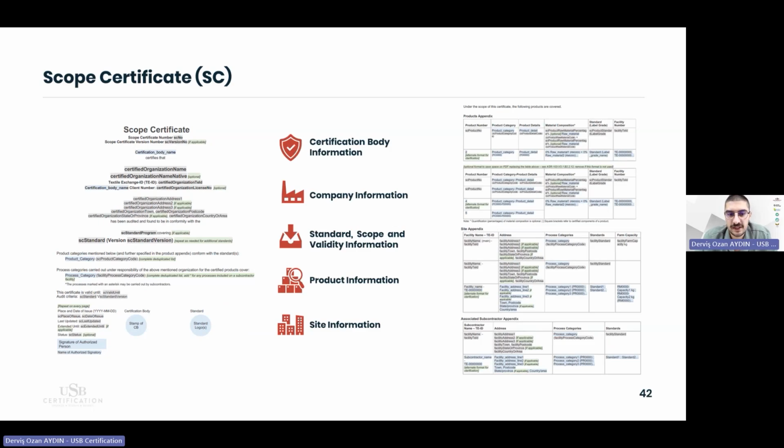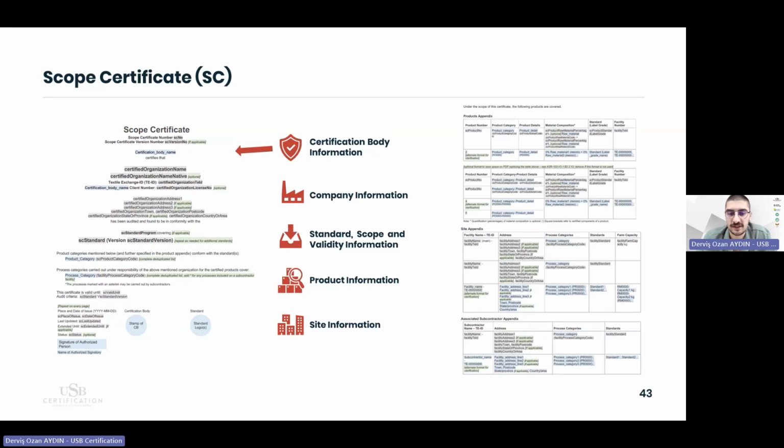So about scope certificates, let's check the parts of an example template. In scope certificates, the certification body information is in the upper left part. Under it, the name, address, and, under Textile Exchange, the TE ID information about the certification body will be mentioned.